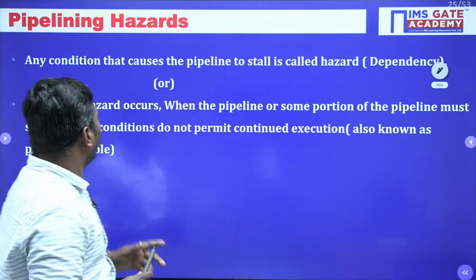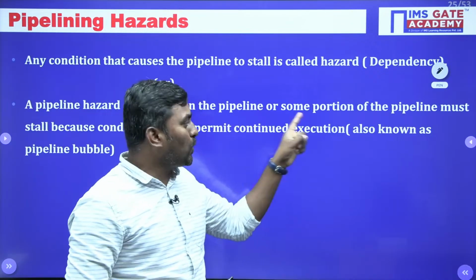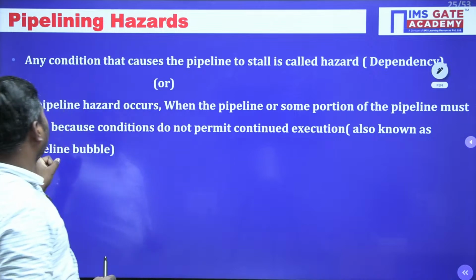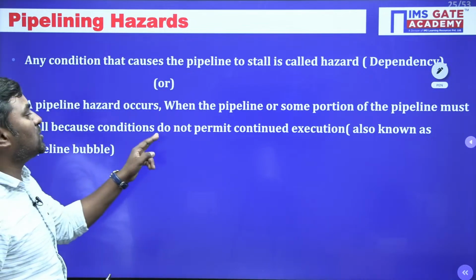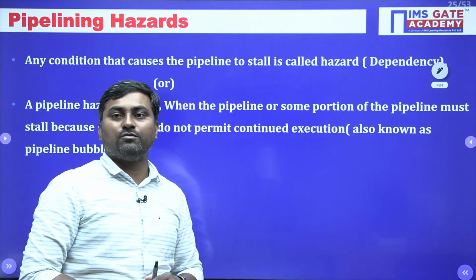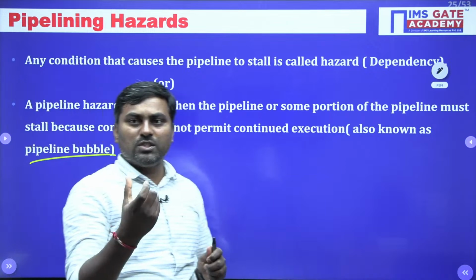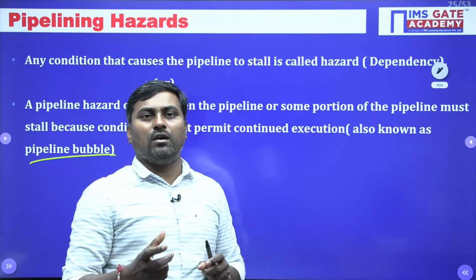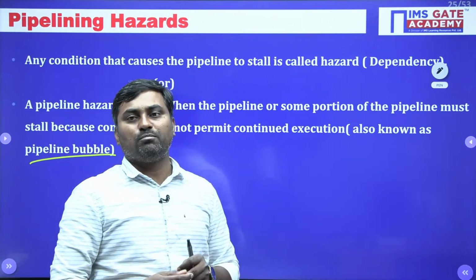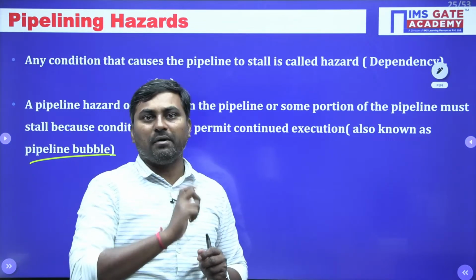A pipeline hazard occurs when some portion of the pipeline must be stalled because conditions do not permit the execution to continue. We can also call it a pipeline bubble. Bubble means creating a stall, where we have to wait for something to happen. So we can say hazard or dependency.